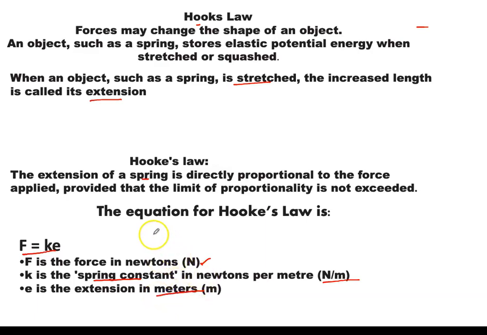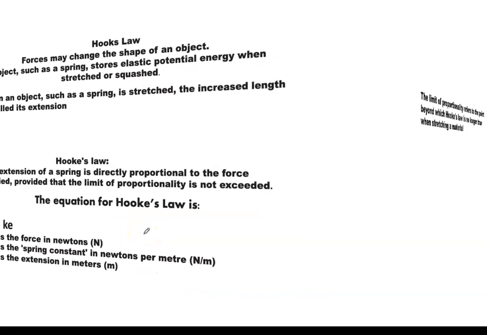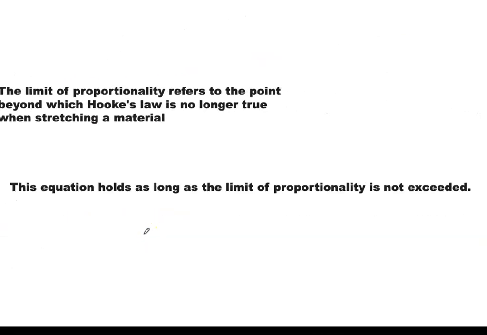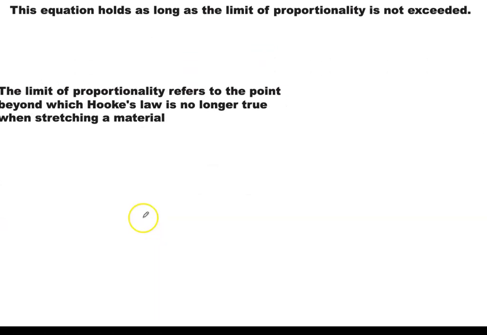Okay, so Hooke's law simply says that F equals what? K E. The force applied to a spring is directly proportional to the extension in the spring. So as the law states, the equation holds as long as the limit of proportionality is not exceeded.